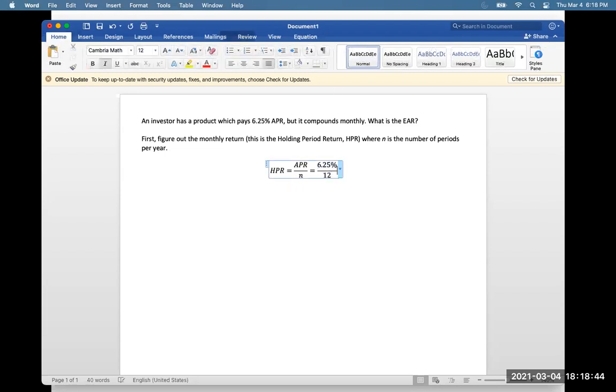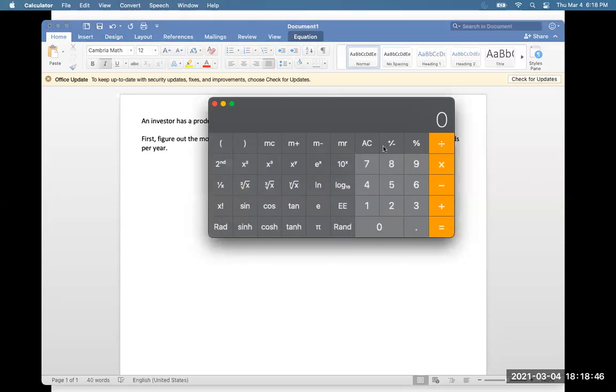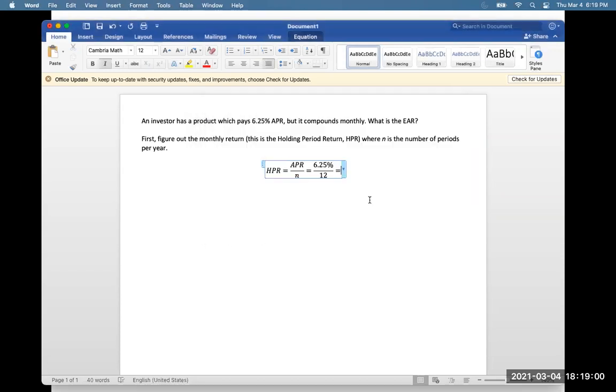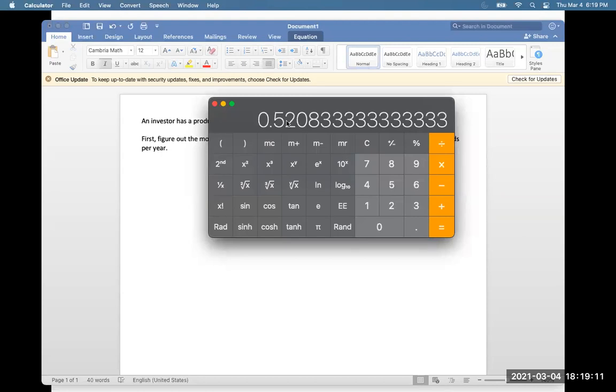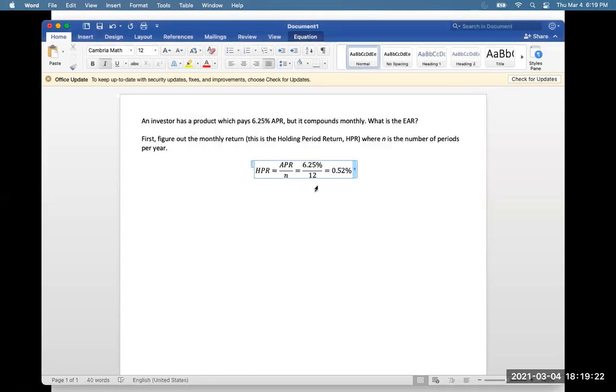Monthly, there are 12 periods. Let me pull up my calculator. 6.25 divided by 12. Okay, 52 basis points, 0.52%. Whenever I take an exam personally, I try not to clear out my calculator. I do have to divide by 100. That gives me 52 basis points.